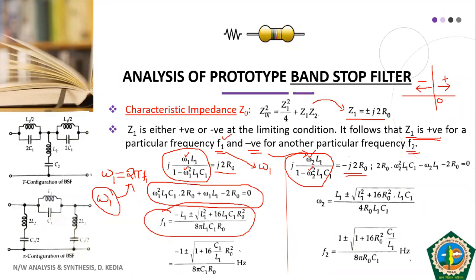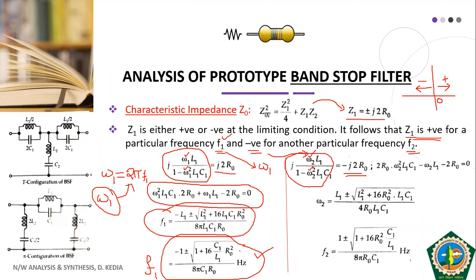This is the expression of f1, one of the cutoff frequencies. I'll ask you to solve it at home and match with the final answer. Then if you further solve it by taking L1 common and substituting the values, you will get this final expression. So this is the final expression for one of the cutoff frequencies, that is F1.